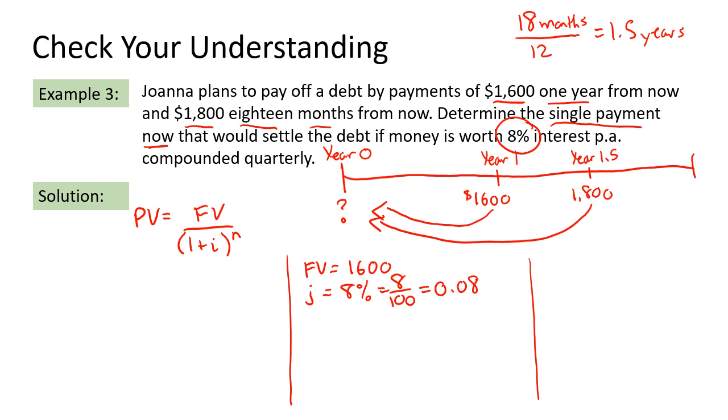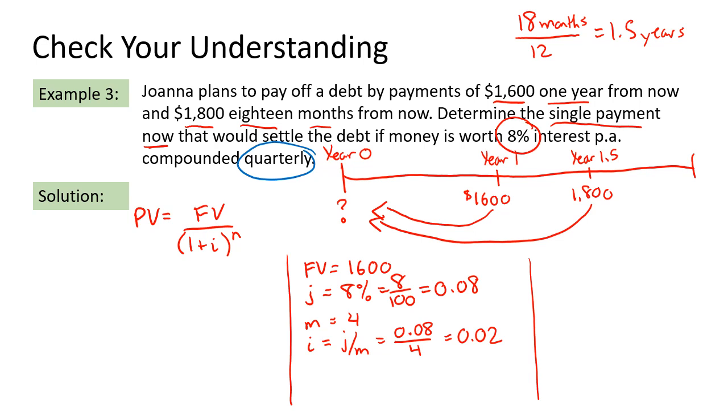Our number of compounding periods, m, okay, it says in the question that we're compounding quarterly. So quarterly, remember, every 3 months. So that means a total amount of compounding periods per year of 4, right? So knowing that, we can actually calculate our periodic interest rate. It's equal to j divided by m, which in this case is equal to 0.08 divided by 4, which is equal to 0.02.